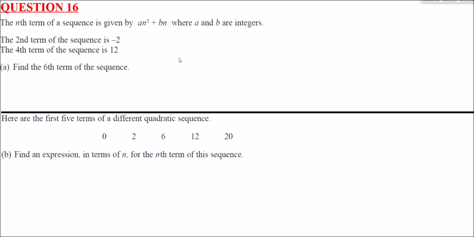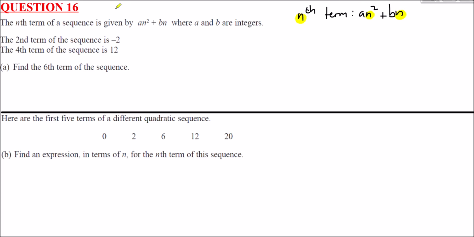So we're told that the nth term is an squared plus bn, whatever n is. So n could be the first term, the second term, whatever it needs.